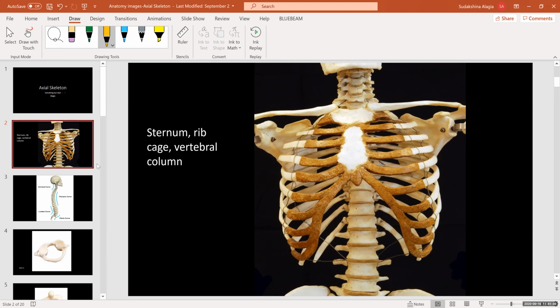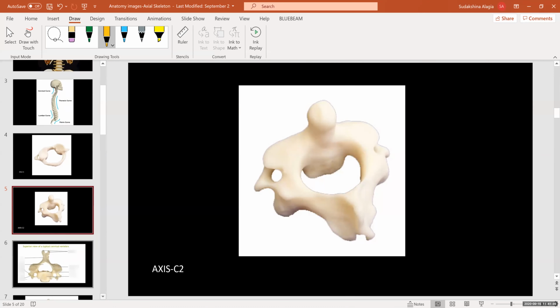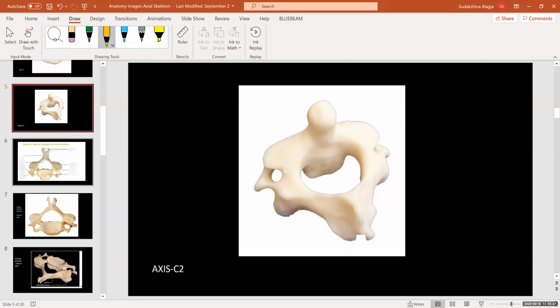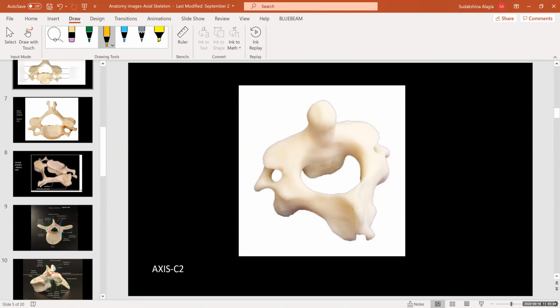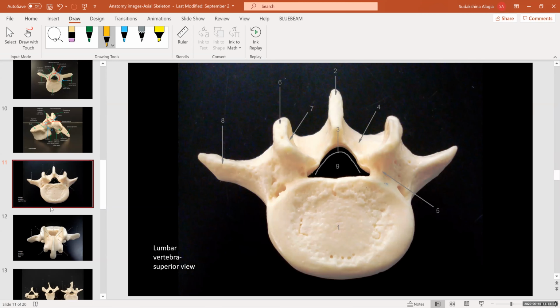Okay, so axial skeleton. Lumbar vertebra. Again, a lumbar vertebra is recognized by having all the parts that a vertebra has.